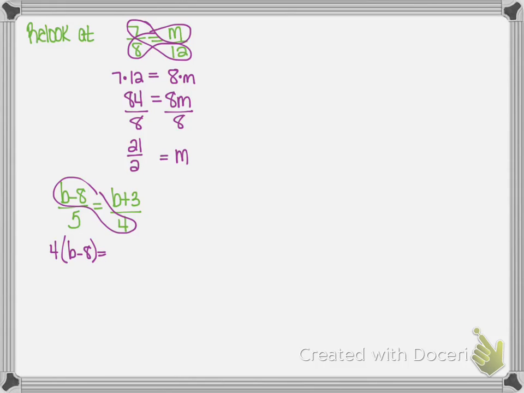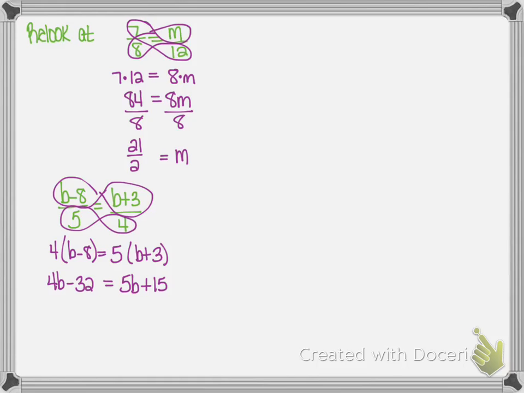Same thing on the next piece. We need to take 5 times everything in that numerator. So we're going to set that up using parentheses. Now, next step would be distributing. So if we distribute that 4, we get 4b minus 32 equals, and then now distribute that 5b plus 15. Okay.